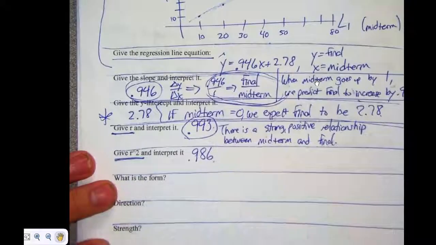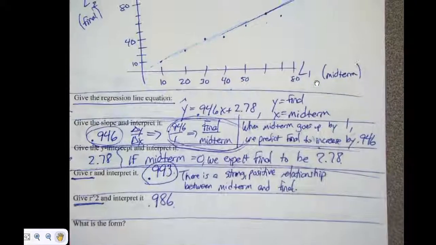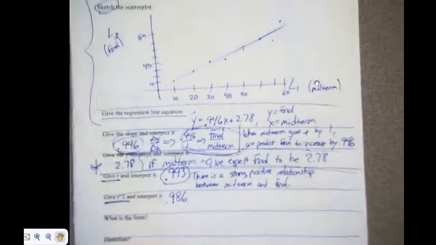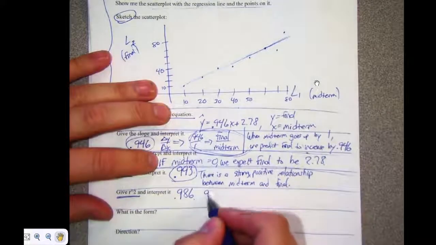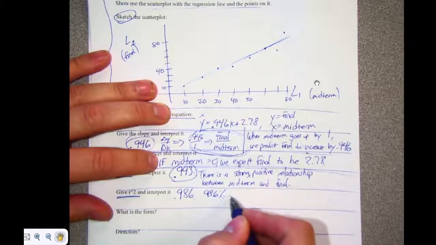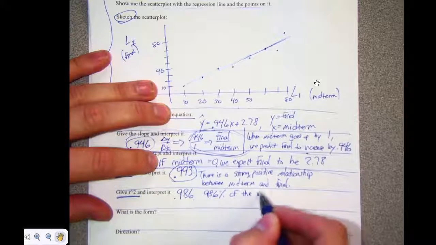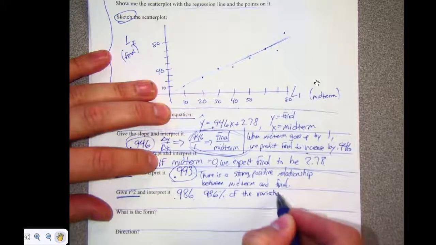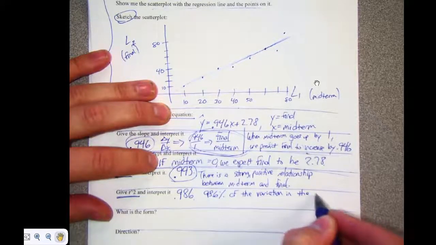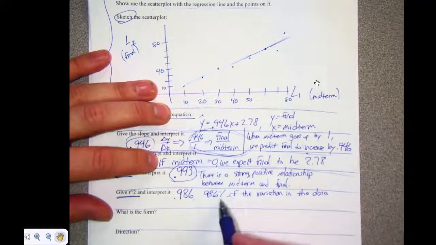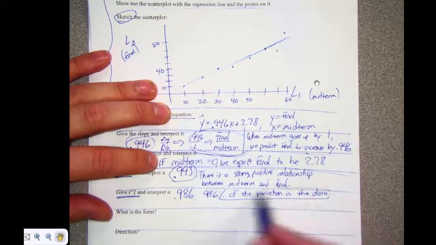Okay, so go to the front page. So this is really a pretty strong one. So this would be 98.6% of the variation in the data. And that phrasing is used every time. Percent of the variation in the data.